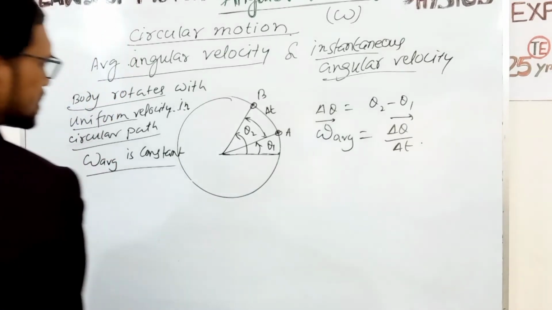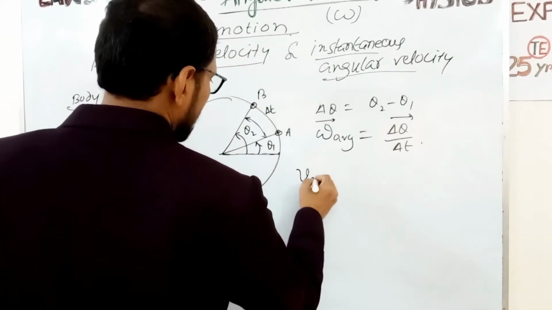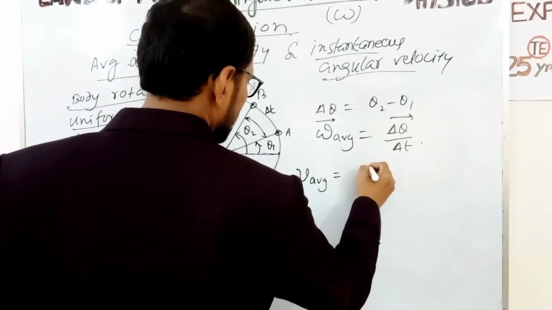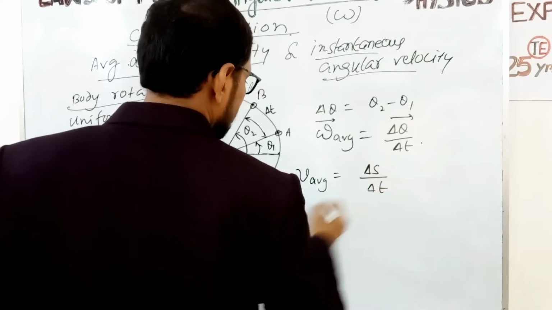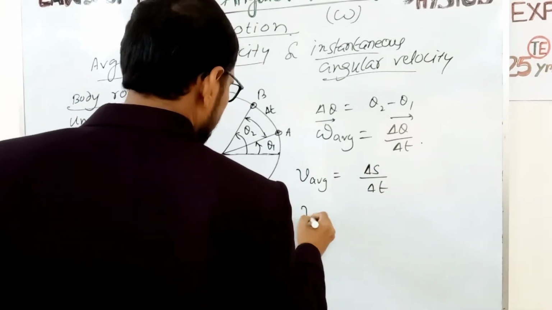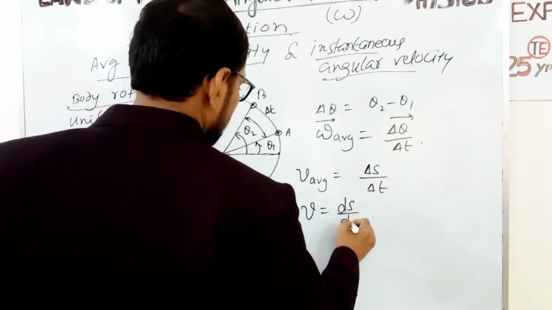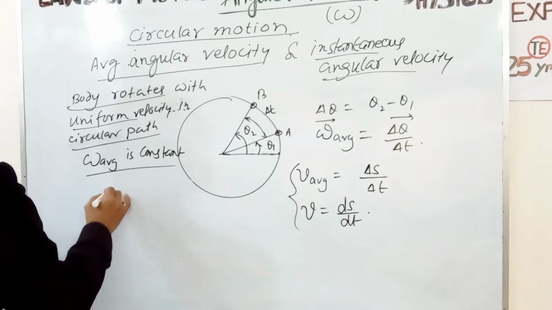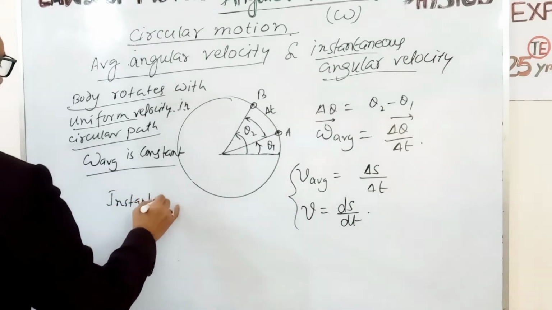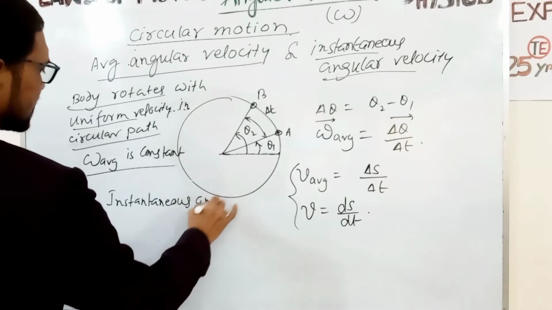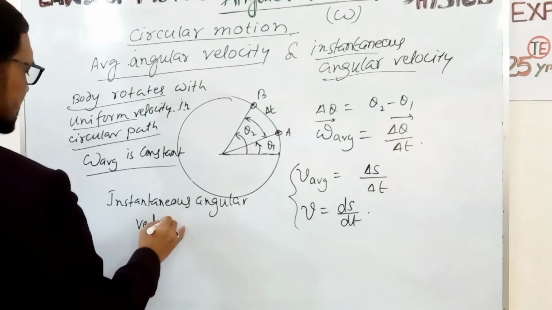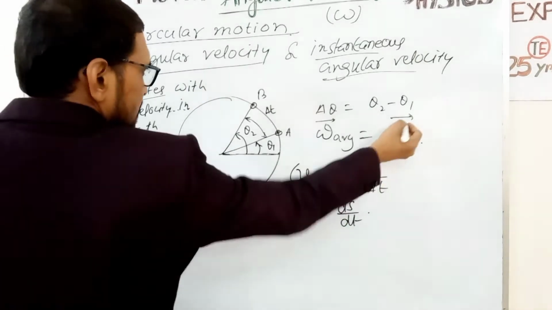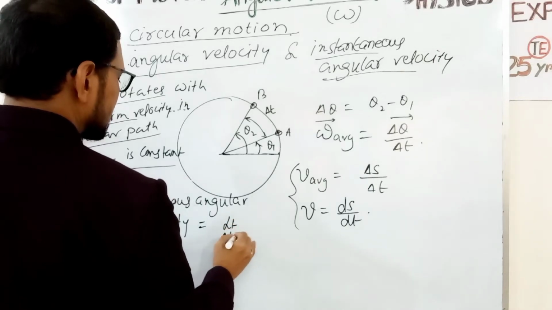Now what is the instantaneous velocity? Like average velocity v average equals displacement del s by del t, and instantaneous velocity v equals ds by dt. Like this, instantaneous angular velocity is obtained in the limit del t tends to 0.